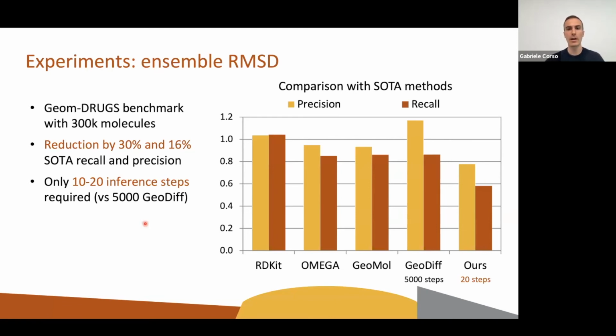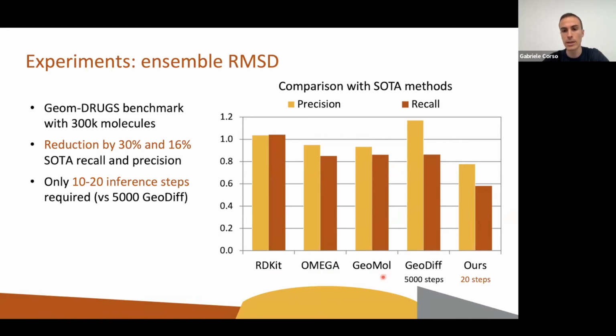And so we compare with state-of-the-art methods. So we have RDKit, which is an open source tool that by far, I think, is the most used method. Then we have Omega, which is state-of-the-art commercial software, also used a lot. And then we have 2 recent machine learning methods that perform state-of-the-art.